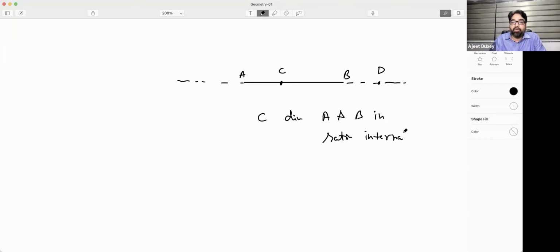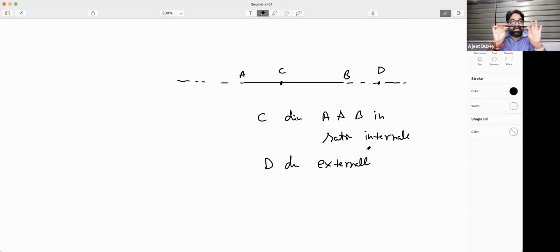What ratio? I don't know. But this is called C divides A and B internally. And D is outside of A and B. So D divides externally.